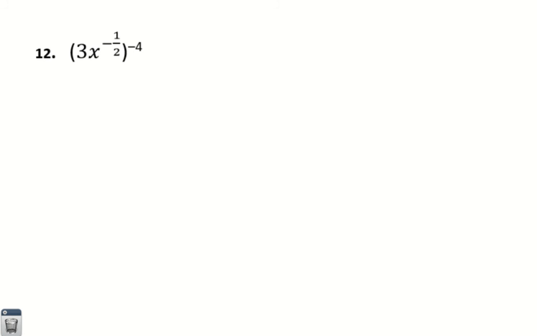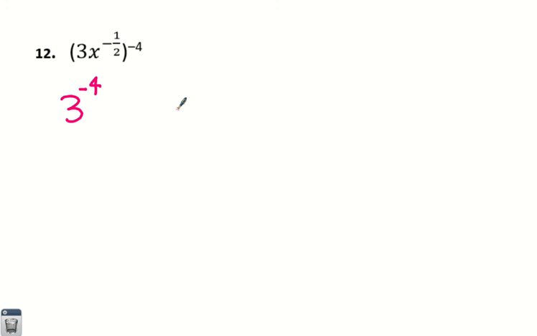Number 12, we're raising this bubble, this 3x to the negative 1/2 power, to the negative 4th. So this is going to become 3 to the negative 4th power, and then we're also going to raise this to the negative 4th power. Just think back, how do we raise something to a power that already has a power?